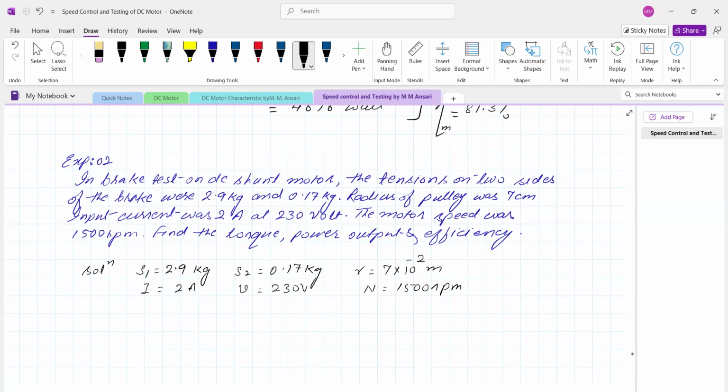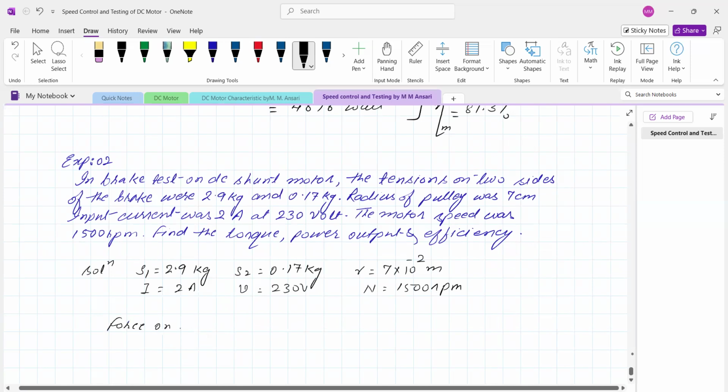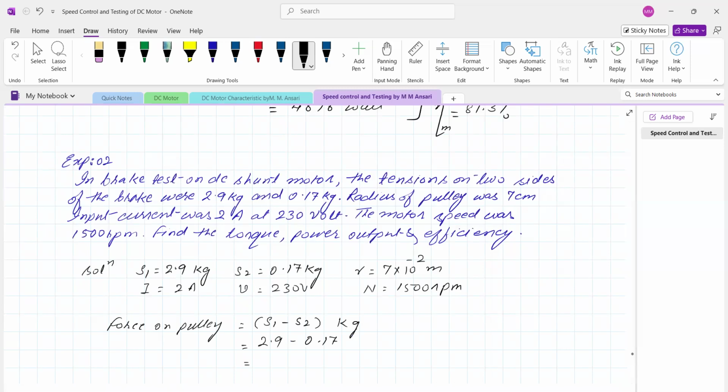So now the force on pulley is S1 minus S2, in kg. So it is 2.9 minus 0.17, equal to 2.73 kg.